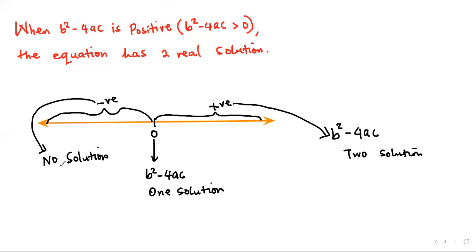So when b squared minus 4ac is negative, no solution. When it is 0, we have one solution. When it is positive, we have two solutions.